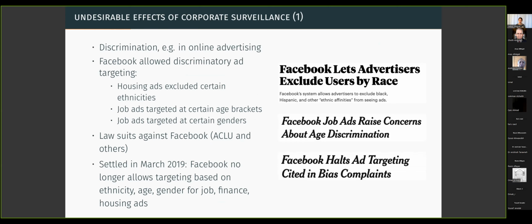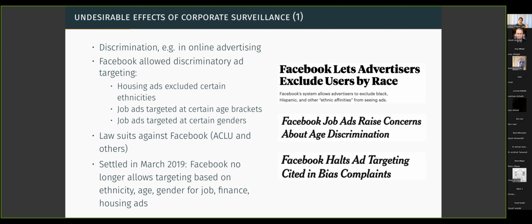So Facebook had a mechanism that allowed advertisers to post ads where the ads are targeted in a discriminatory way. So you could put a housing ad, for example, but target that ad only at white people. Or you could post a job ad only for like young males.